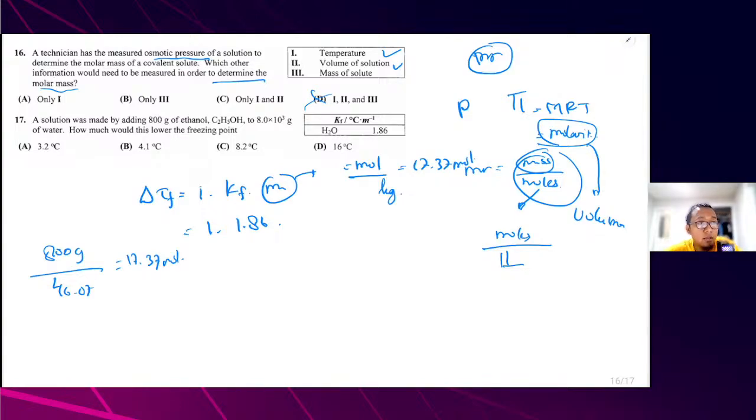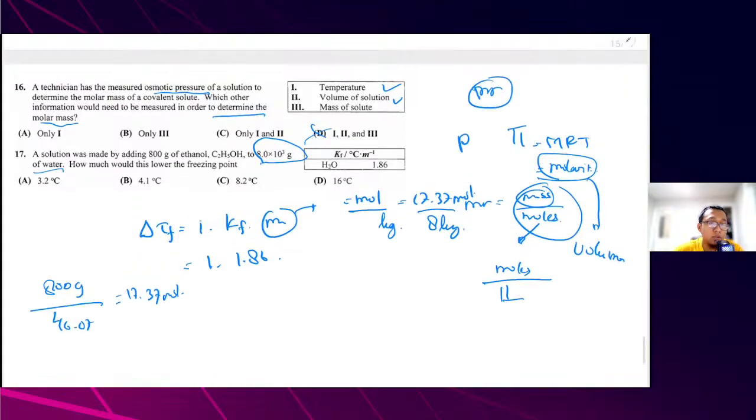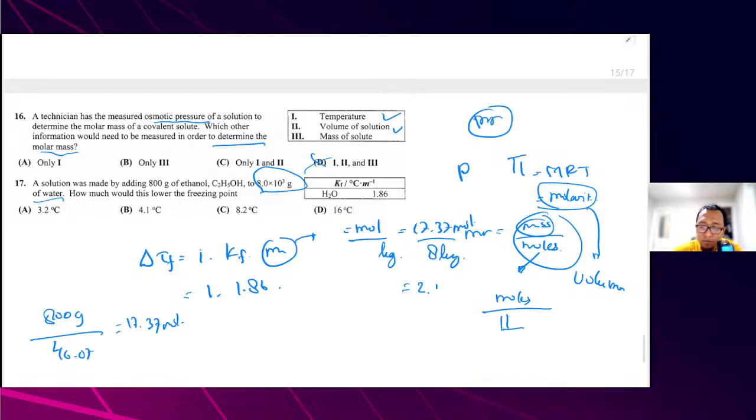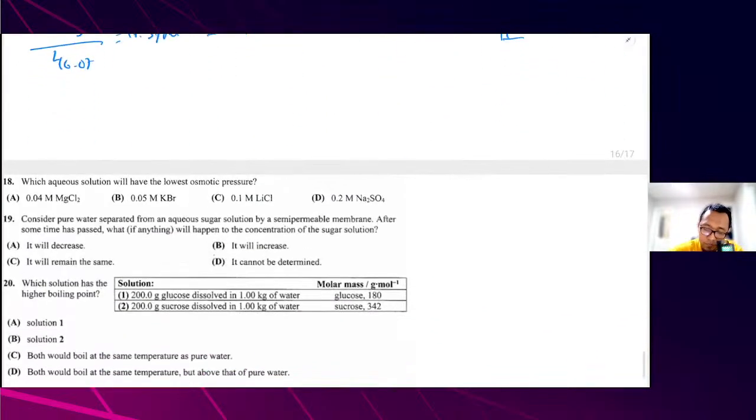And then the total of the solution is 8 kilogram, so 8,000 gram is 8 kilogram, so it will be 2.17, and we get delta TF around 4.04 degrees Celsius. So the answer will be B.